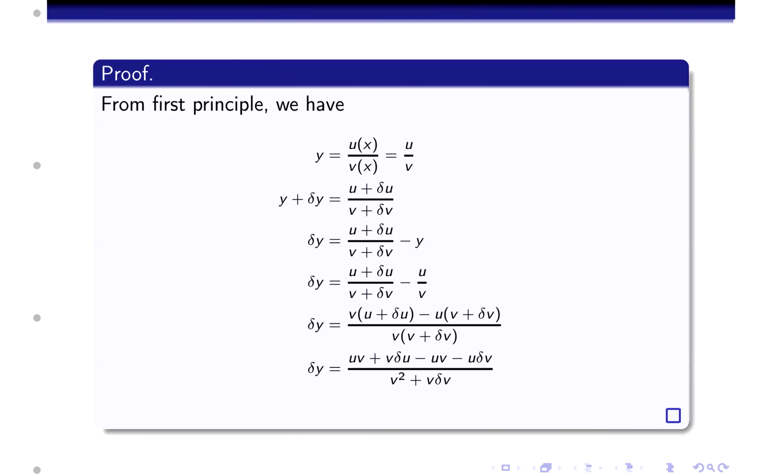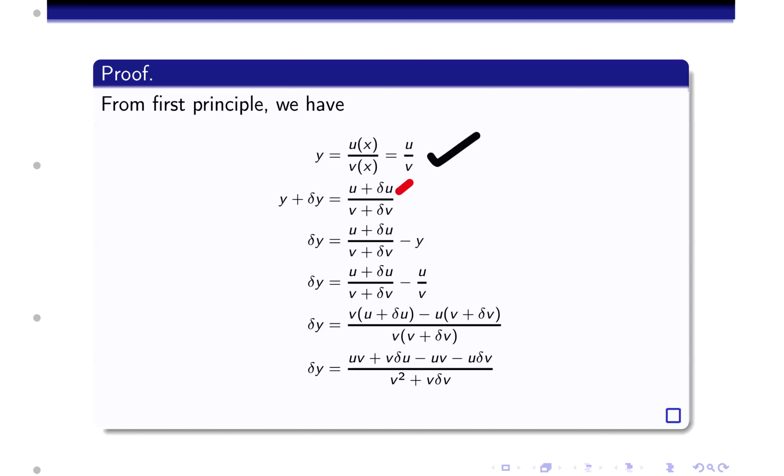All right. So from first principle, we have that first of all, y equals u of x over v of x. That's actually the quotient to start with. And u of x and v of x is the same thing as u over v, right? And from first principle, a little change in u and v results in a little change in y.